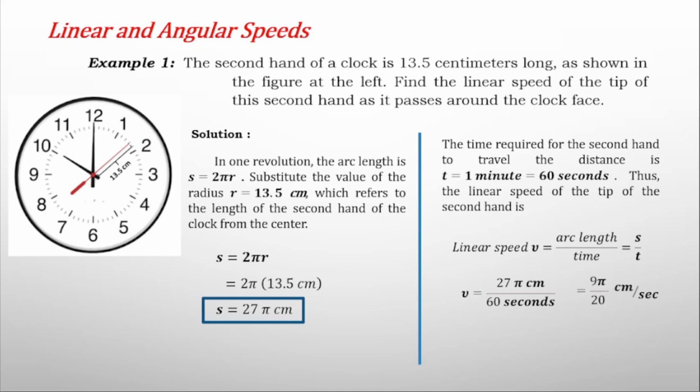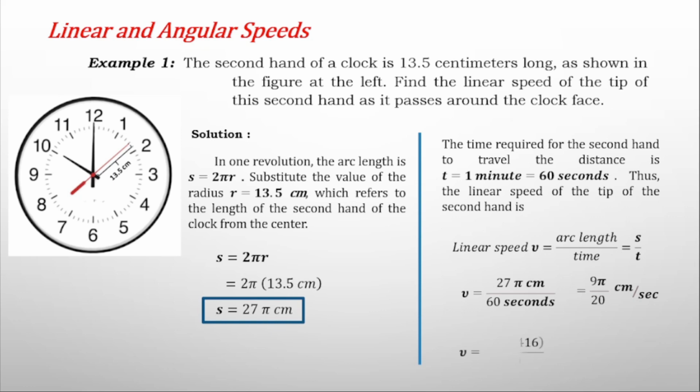As we simplify the fraction, that is equal to 9 pi over 20, because the GCF of 27 and 60 is 3. So 27 divided by 3 is 9, and 60 divided by 3 is 20. So we have 9 pi over 20 centimeters per second.